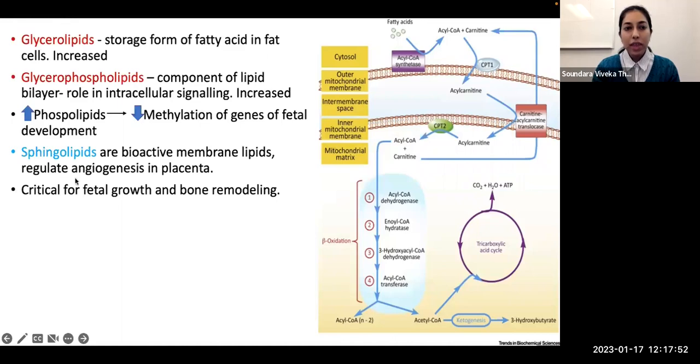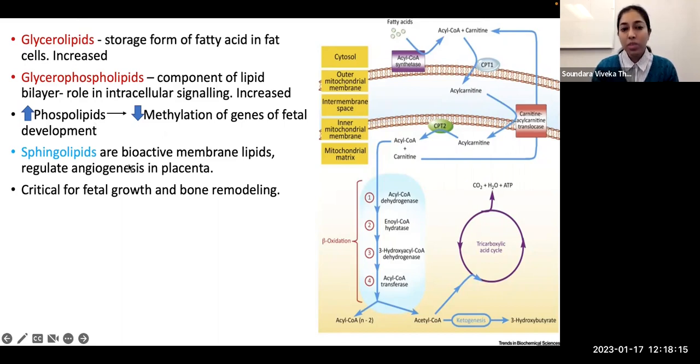The other lipid groups are the glycerolipids and glycerophospholipids, which are both increased in biosolid groups. These are essential components of the membrane, and they maintain the membrane dynamics. An increase in phospholipids is also associated with decrease in methylation of genes that are involved in fetal development.